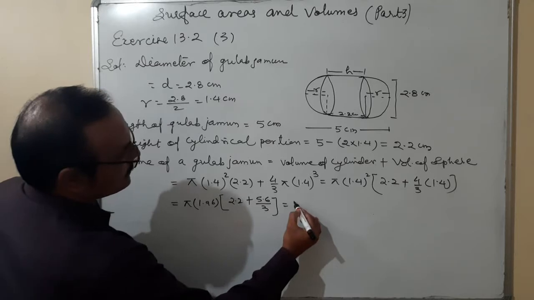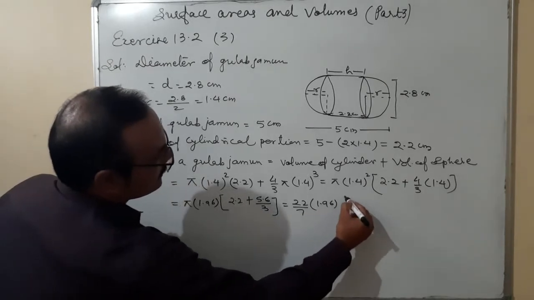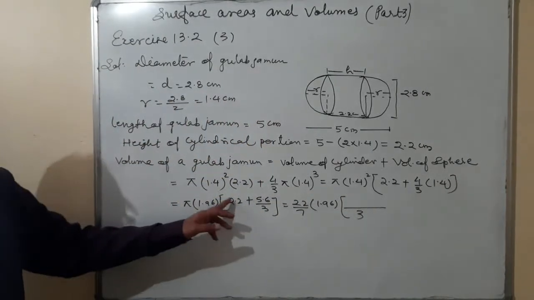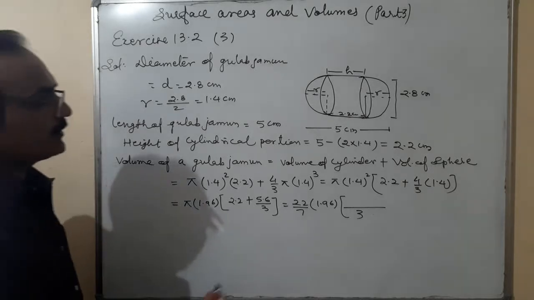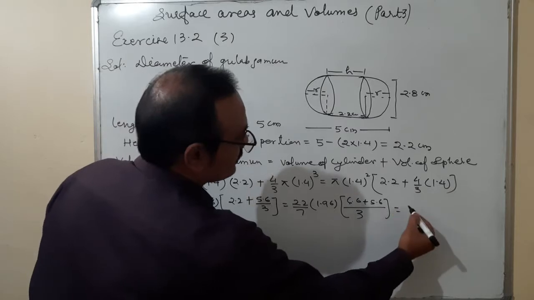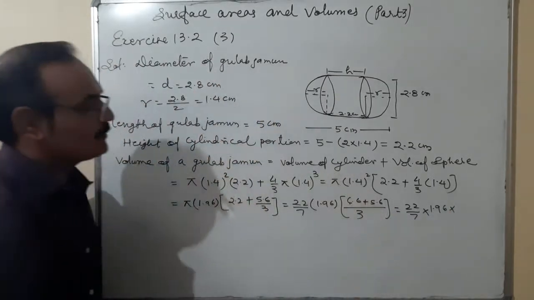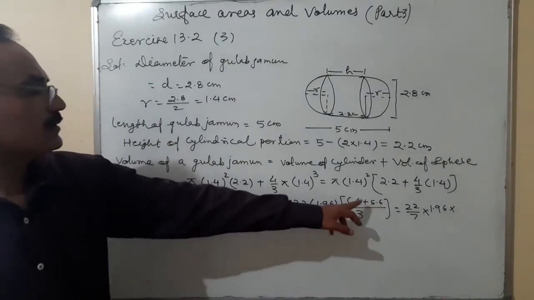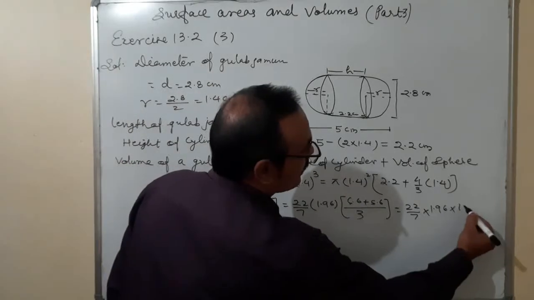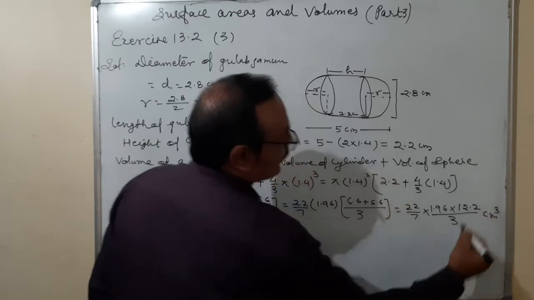So it is pi, 22 upon 7, 1.96, and here I'll take LCM of 3. 22 multiplied by 3 is 6.6 plus 5.6, that is 12.2 upon 3 centimeter cube.